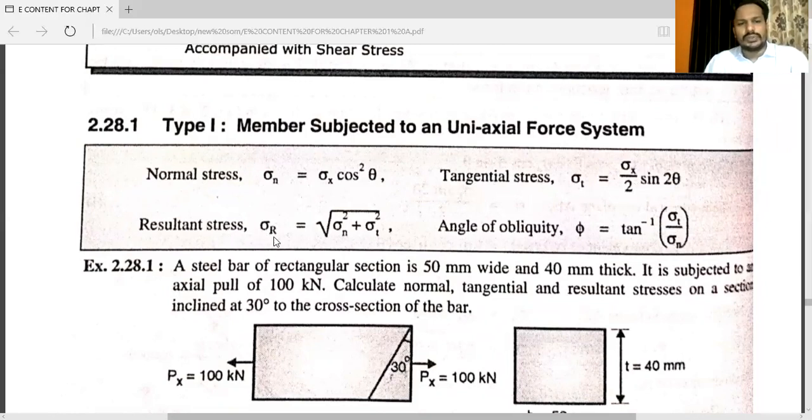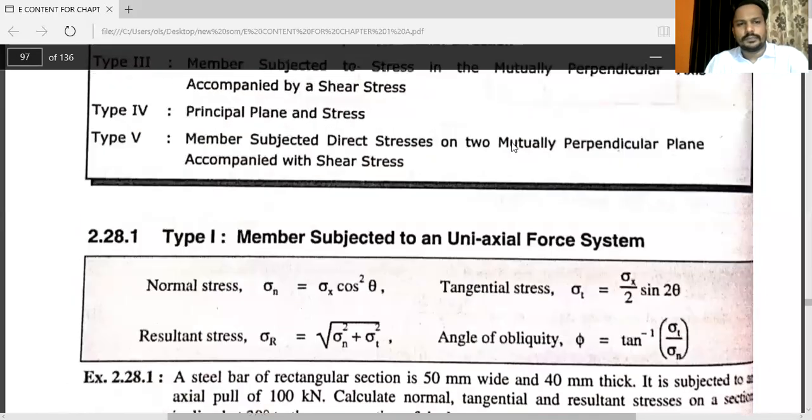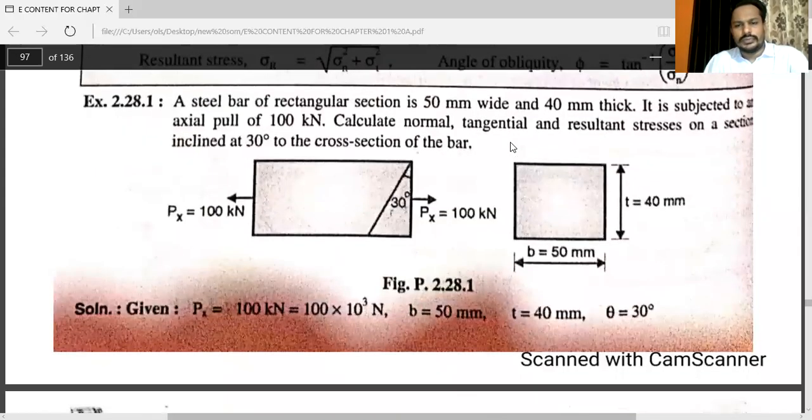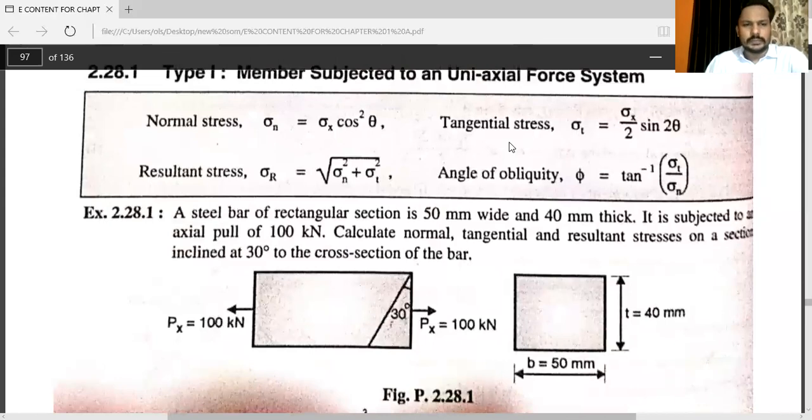Resultant stress, sigma r is equal to under root of sigma n square plus sigma t square. And as we know, the angle of obliquity phi is equal to tan inverse of sigma t upon sigma n. You can solve problems by using these simple formulas.